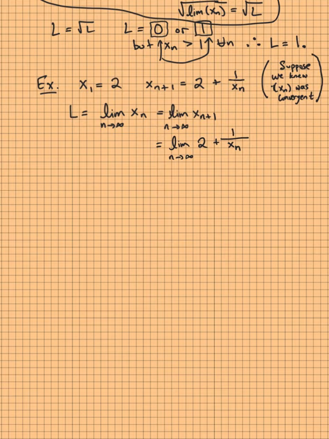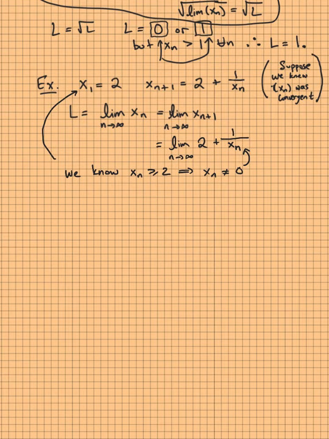Now, we know, and this is easy to figure out from these inductive formulas, that xn has to be greater than or equal to 2 for all n, so therefore the xn's are not 0. That's important here. We don't want to be dividing by 0.